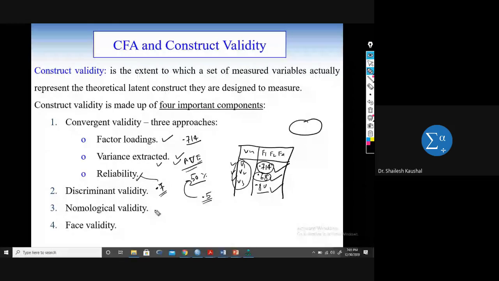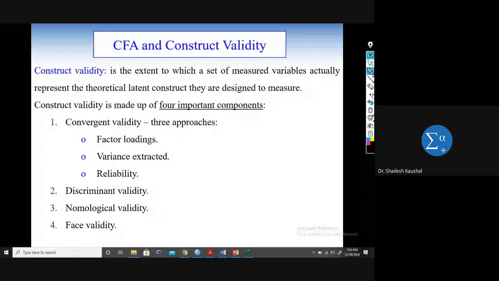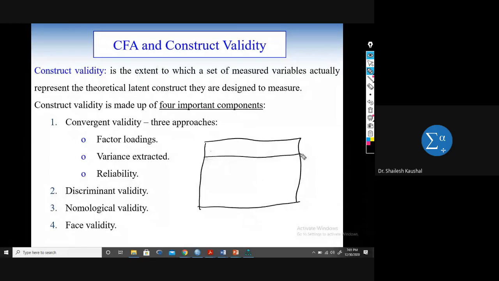Now second, discriminant validity. For example, I am taking 5 constructs in my study.